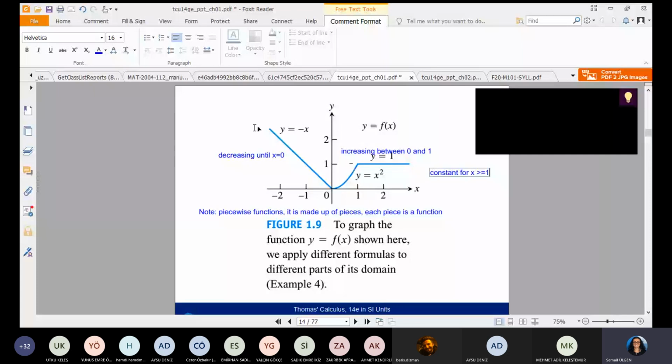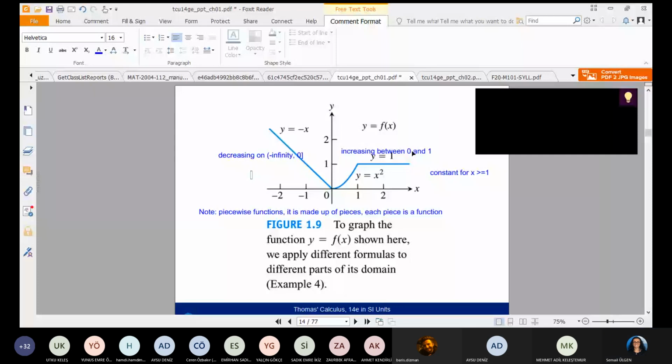From negative infinity to 0, decreasing on negative infinity to 0. I can include the 0 as well here. I can write it in intervals like that. Namely, increasing on 0 to 1.